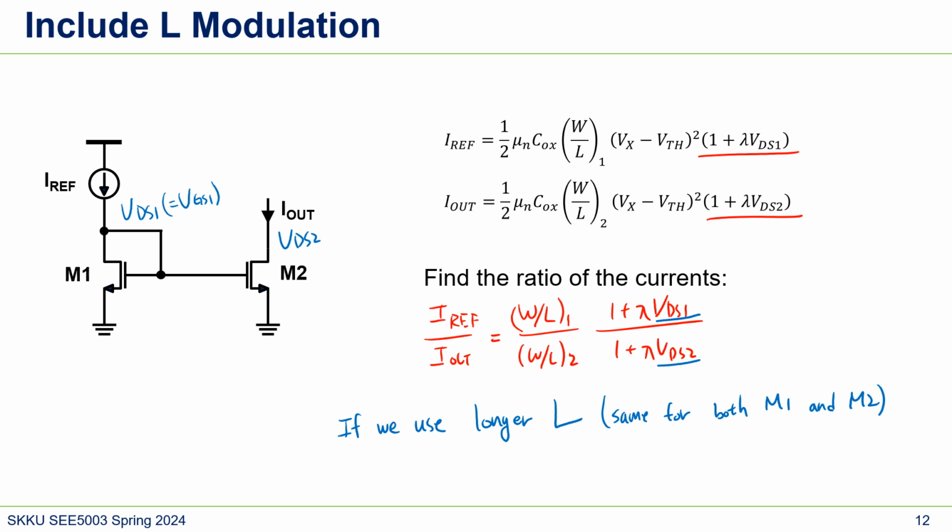If we use a longer, larger L, lambda is decreasing, so maybe less current error. This is also a good way to do it, and usually when people design a current source, we use a long L. But we can also improve this circuit-wise.